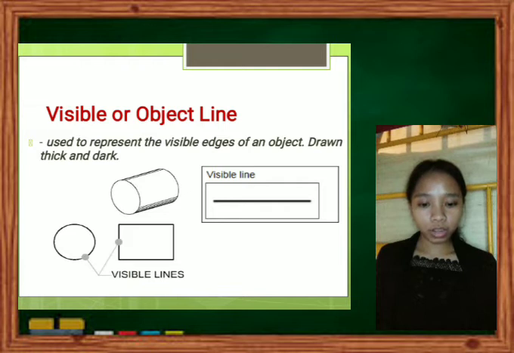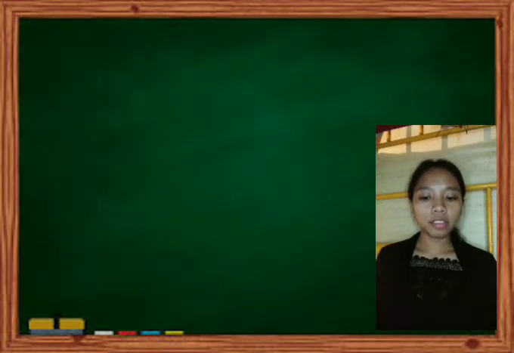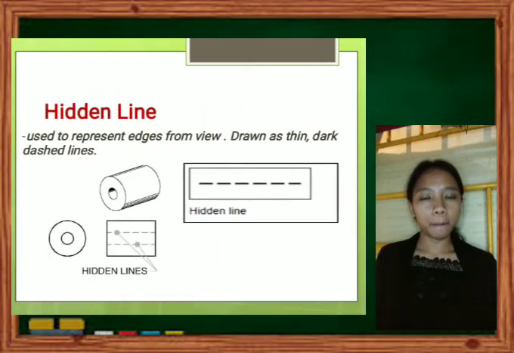So as you can see on the illustration, all the visible lines are the lines drawn at the edges of an object, and that is what we call the visible or object line. Understood? The next is the hidden line. This line is used to represent edges hidden from view, drawn as thin, dark dashed lines.